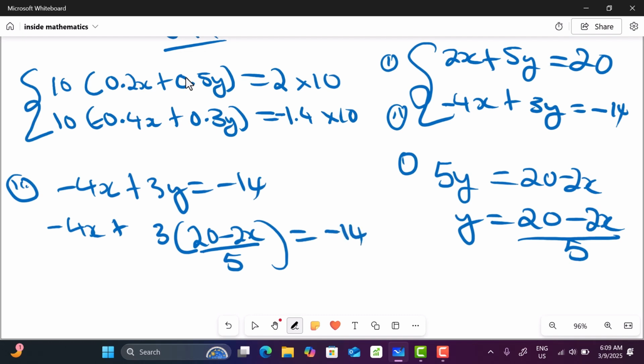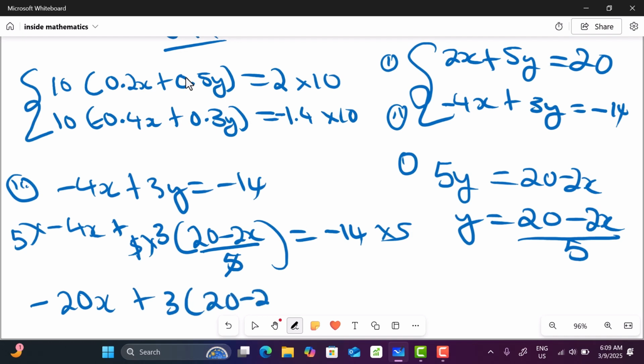Then we multiply both sides by 5, and we cancel here. We are remaining with minus 20x plus 3 bracket 20 minus 2x bracket is equal to negative 70.